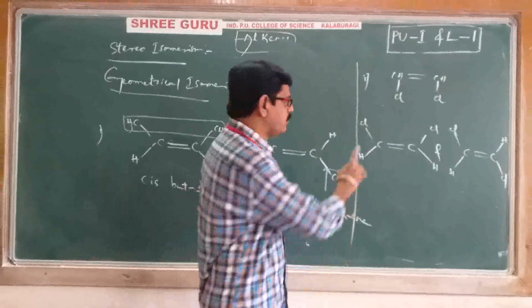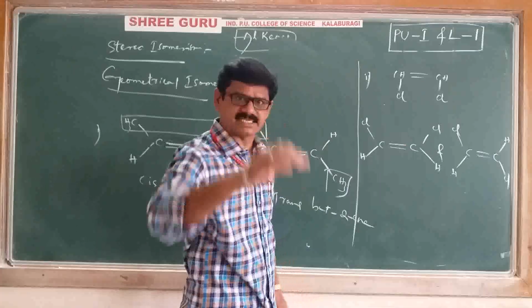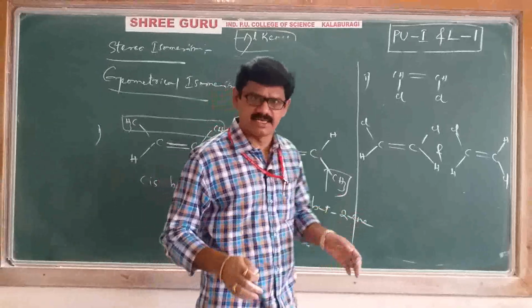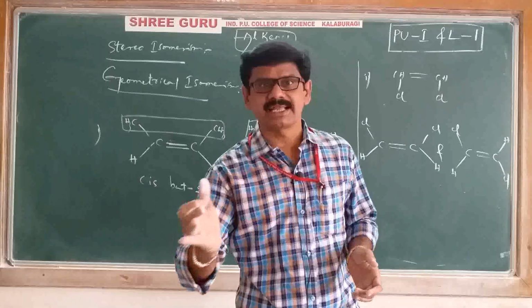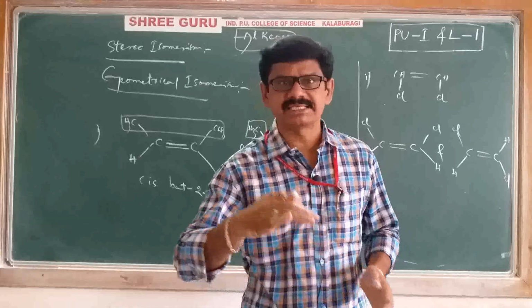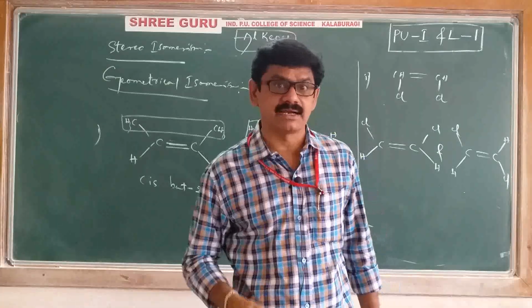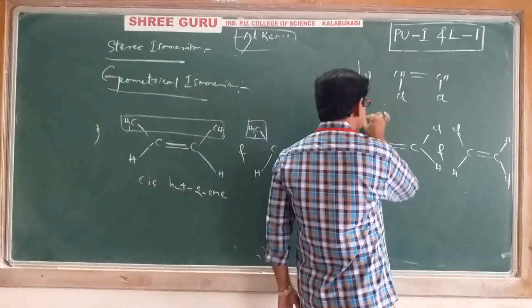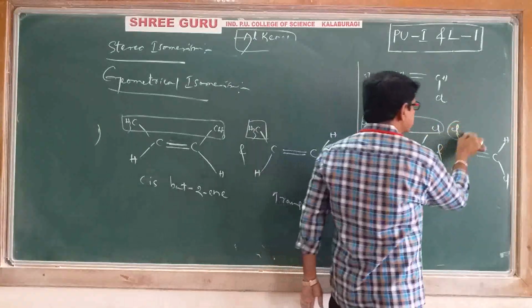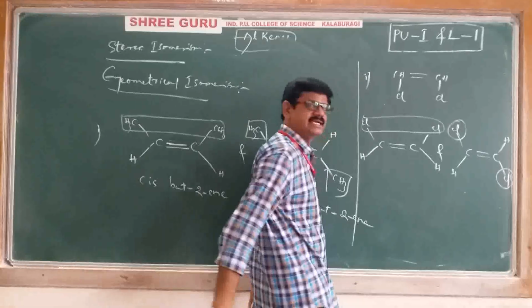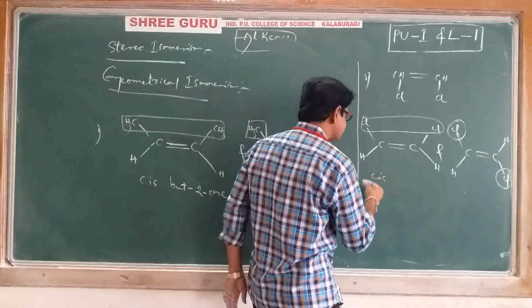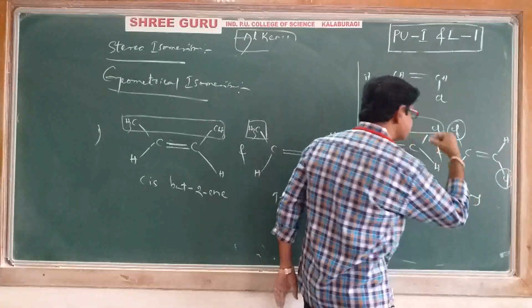Both have the same molecular formula as well as the structural formula. But what is the difference? The difference is that the spatial arrangement of atoms is different. Here chlorine and chlorine are both on one side; here the chlorines are on opposite sides to each other. That's why this is the cis form and this is the trans form.